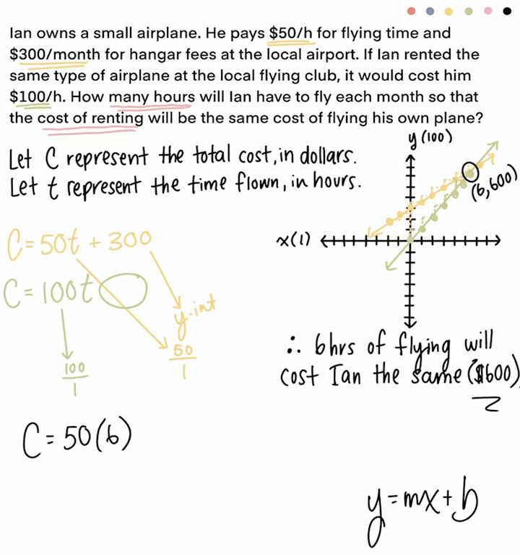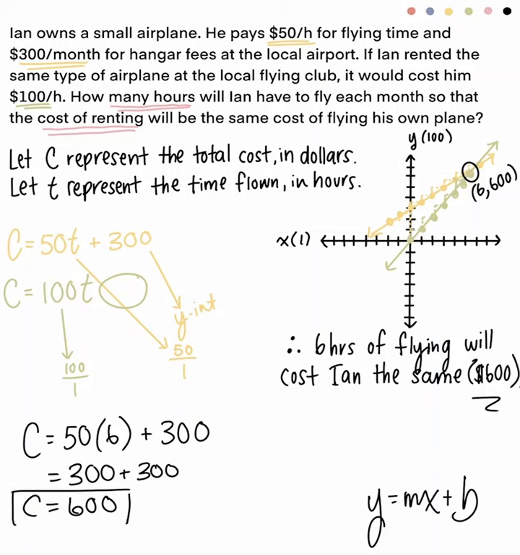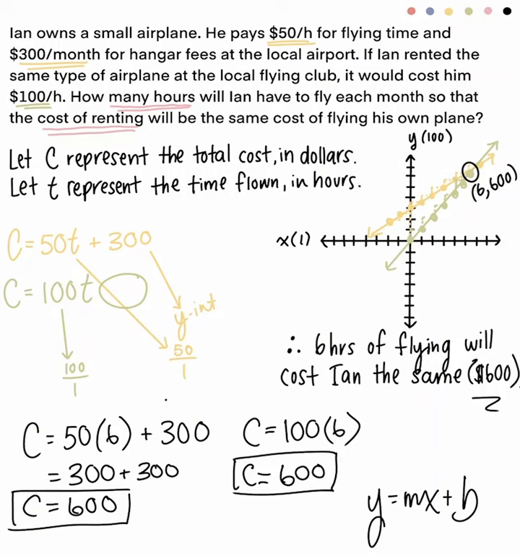If he has it for 6 hours, yeah, that gives us 600 for option 1. And let's check the second option. So that's how we do our check, and we know that our graph did in fact turn out correct despite my poorly drawn lines. My apologies.